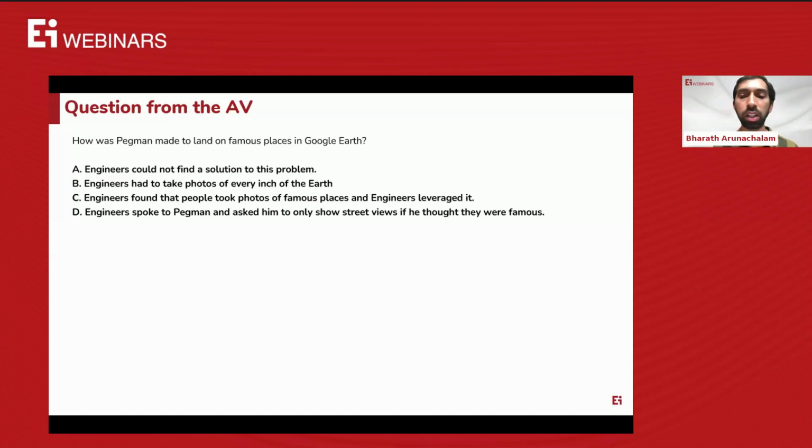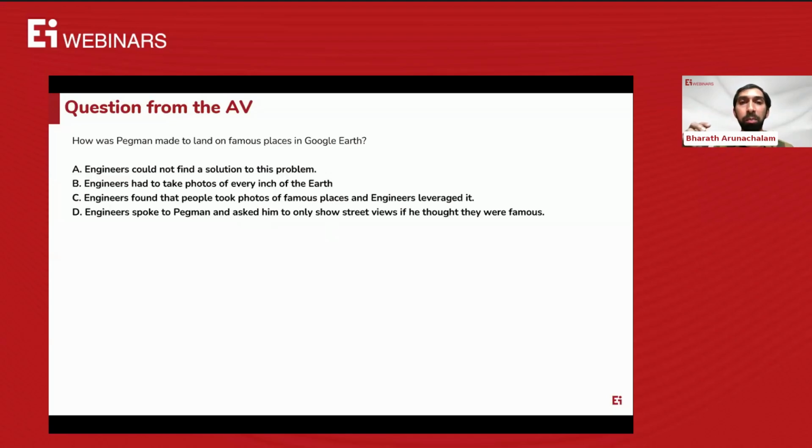All right, I think we can show the results for this. A lot of people thought engineers had to take photos of every inch of the Earth. In the video, one of the engineers actually spoke about how difficult it would be to take a photo of every inch of the Earth. The second person who spoke knew the solution space.